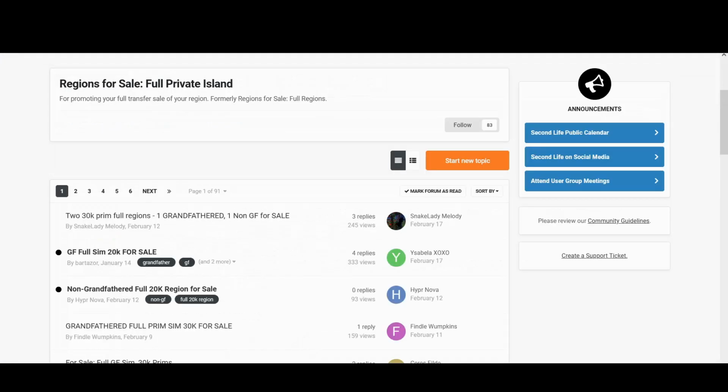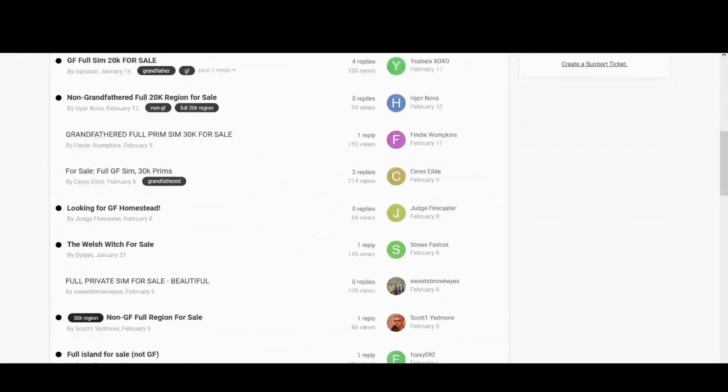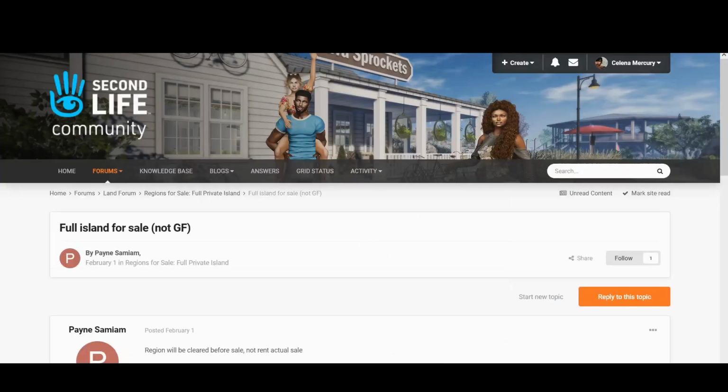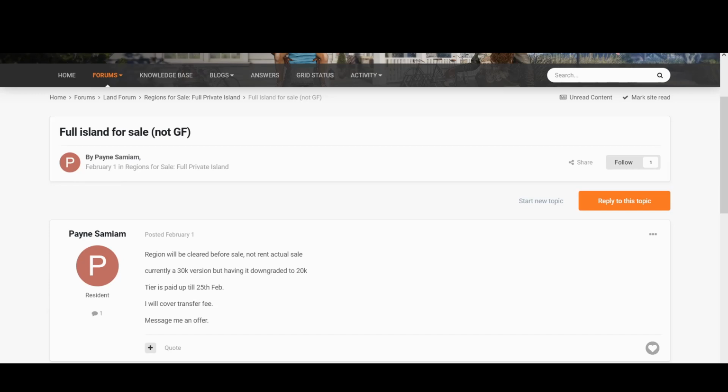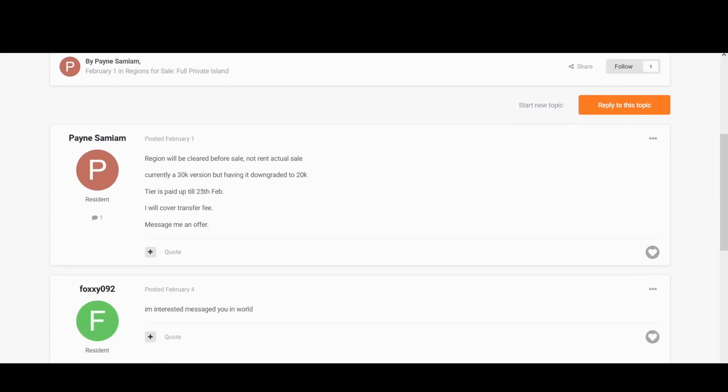As I said, we come back to our forum page, and we are able to find full islands and full places for sale. As this person says here, region will be cleared before sale, not rent. Actual sale. That is a big deal. It's currently a 30K version, but having it downgraded to 20K.